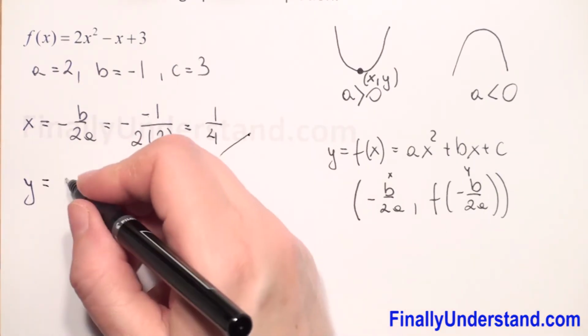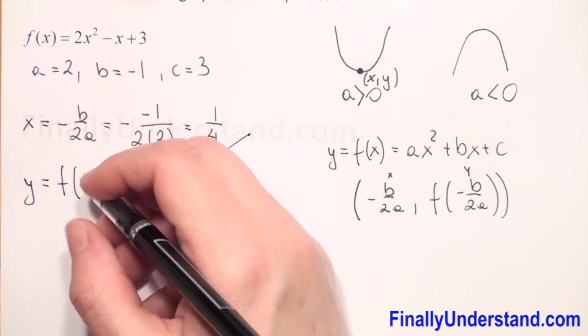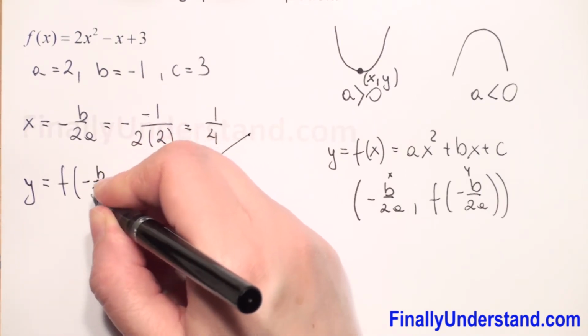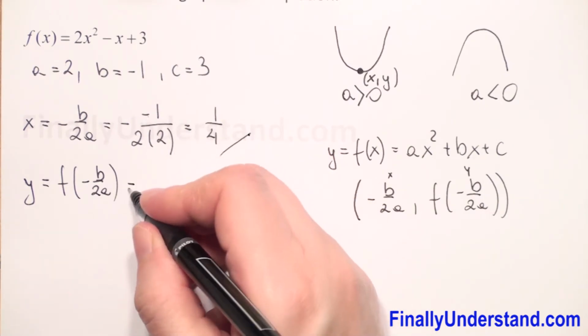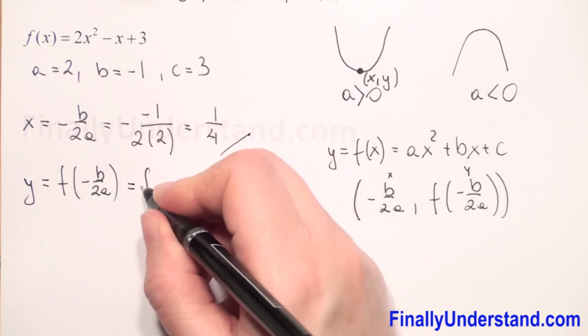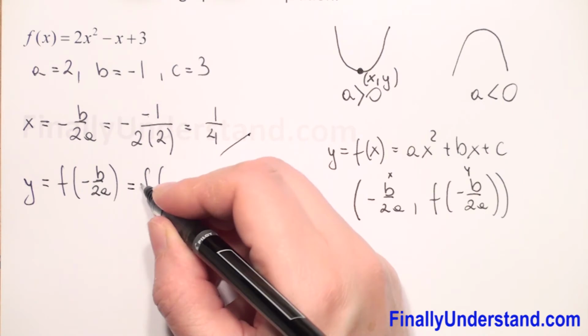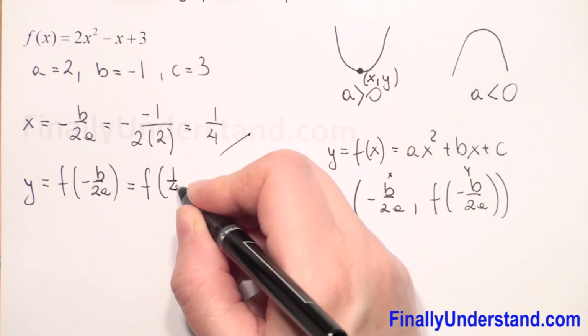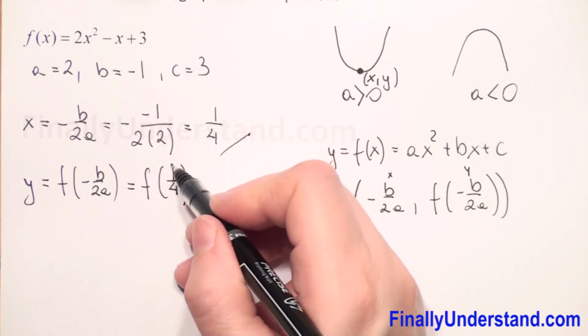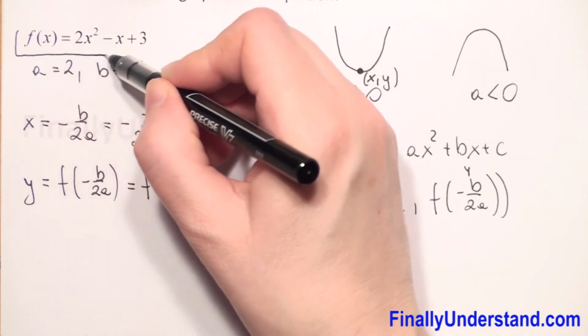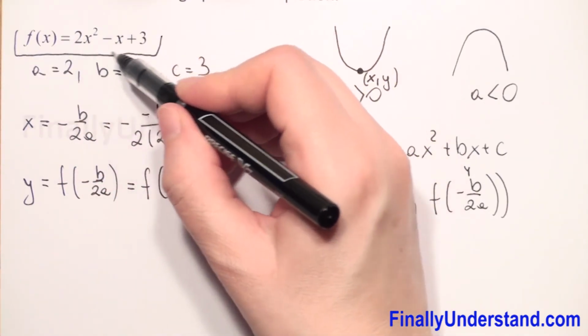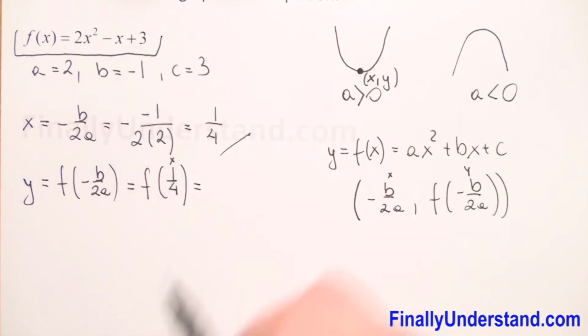Y is the value of our function for negative b over 2a. We found negative b over 2a is 1 over 4, so we have to substitute that: we have f of 1 over 4, and now this is our x. We have to go to our equation, and every x we need to substitute by 1 over 4.